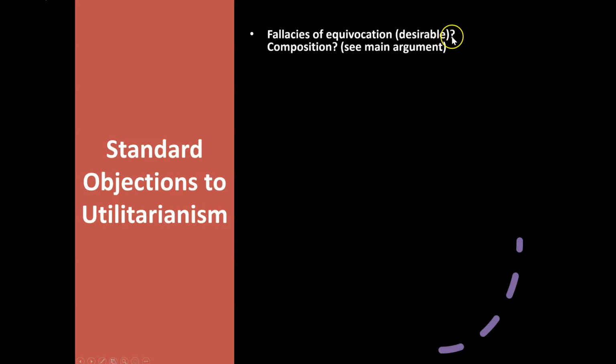He's using this one word to mean two kind of different things. And also composition: just because something is desirable for one person doesn't mean that it is desirable for the aggregate of all people. That's an illogical jumping to conclusions, for instance.